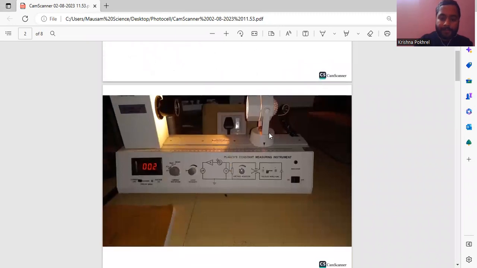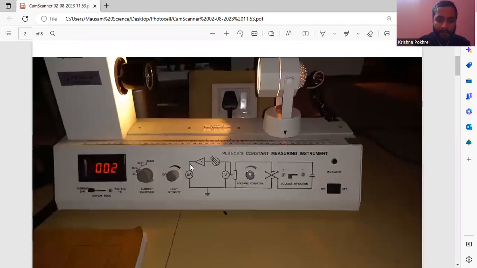For this, we need this type of instrument, the Planck's constant measuring instrument available in our physics practical lab. I want to go through a little bit of detail on how this experiment and this instrument work.